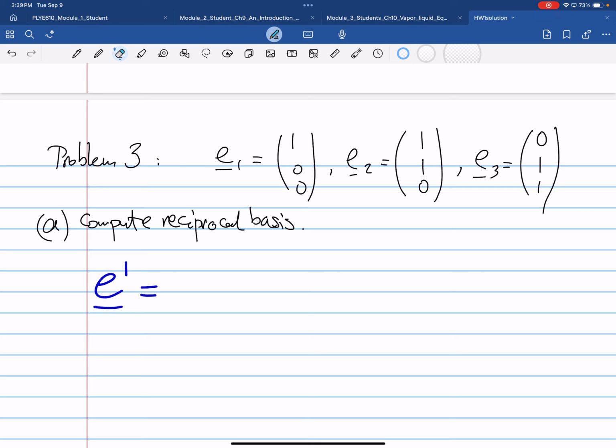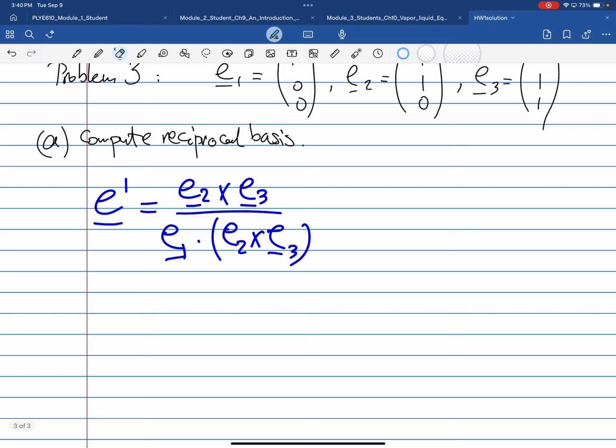So what is the formula for that? E2 cross E3 divided by the determinant. Make sure you use this method, because I'm going to ask you to do the reciprocal, then form the transformation rule here. So you first determine these three reciprocal basis vectors.